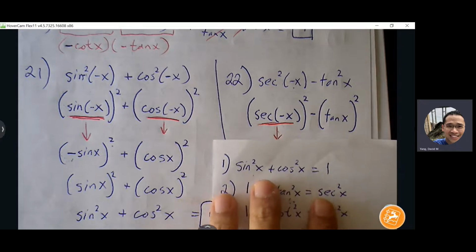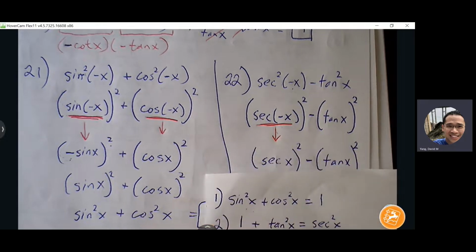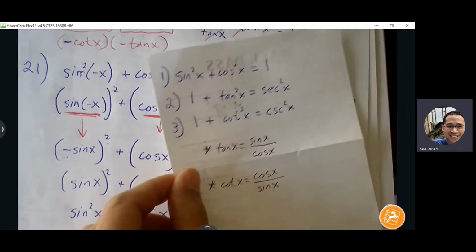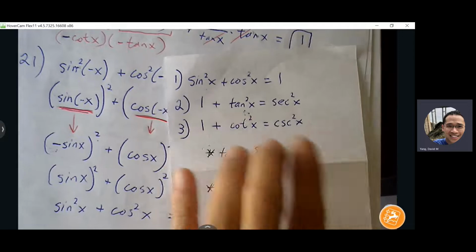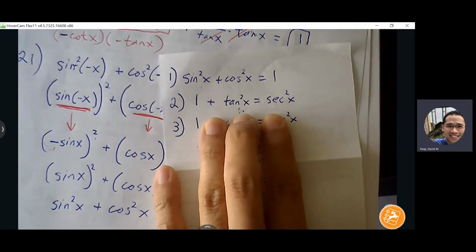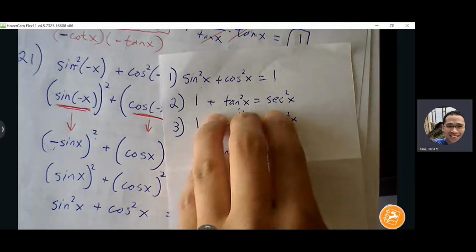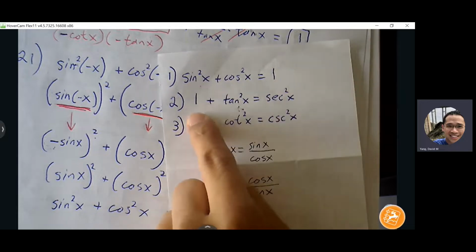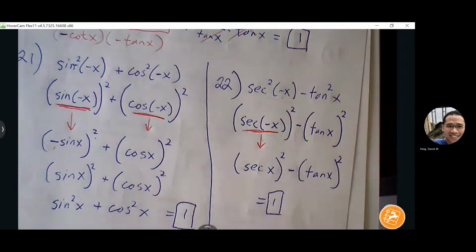So that secant negative x, the negative disappears. So I'm just left with secant squared minus tangent squared. If I rearrange one of my identities, what's secant squared minus tangent squared equal to? 1, right? If I subtract that tangent squared over, secant squared minus tangent squared equals 1.